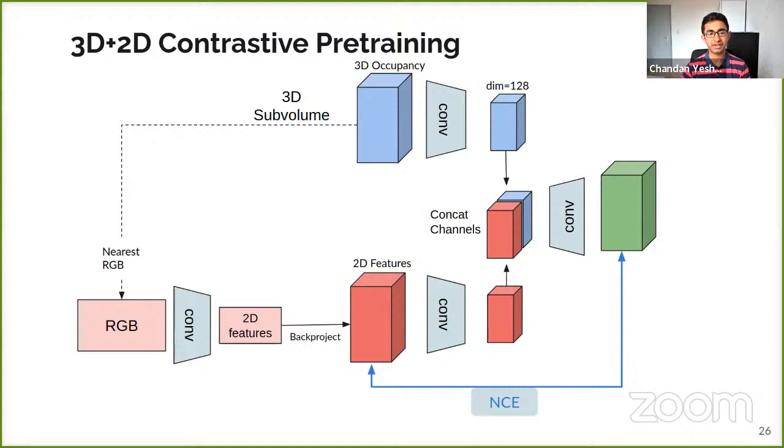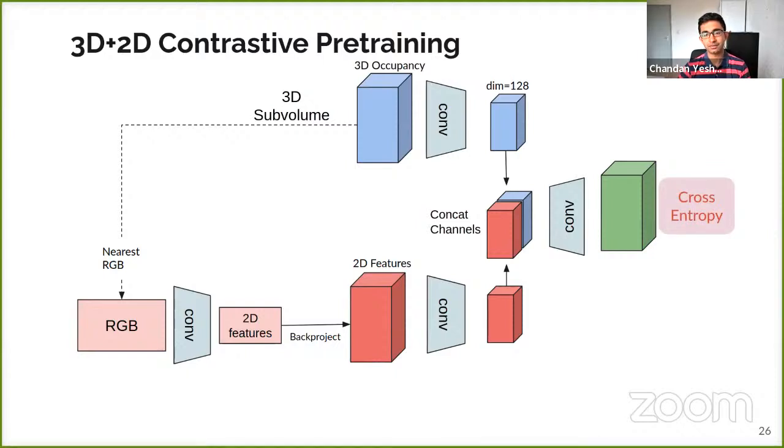This is done in a pre-training phase where we keep the 2D segmentation network fixed, since it has already been trained on the 2D labels. Then after the pre-training phase, for the downstream task, which in our case is semantic segmentation, we train as usual with the cross entropy loss.